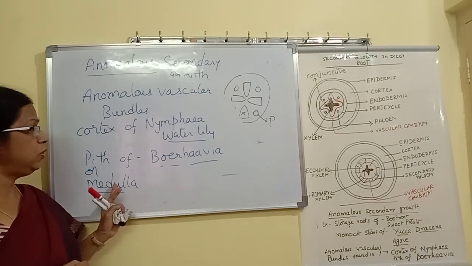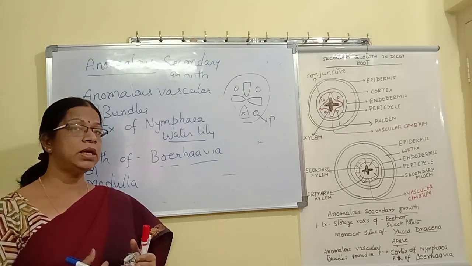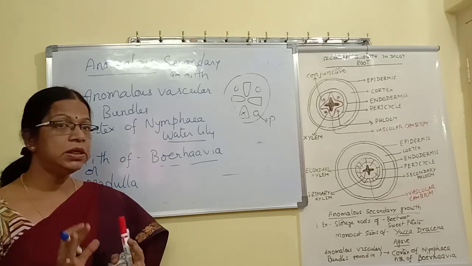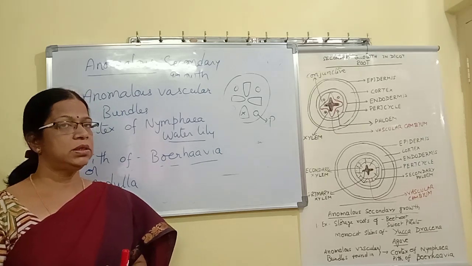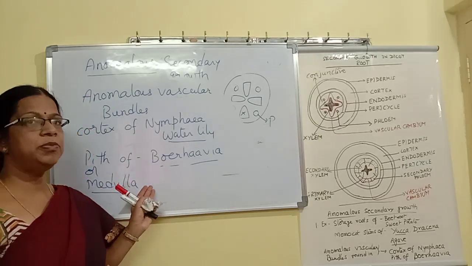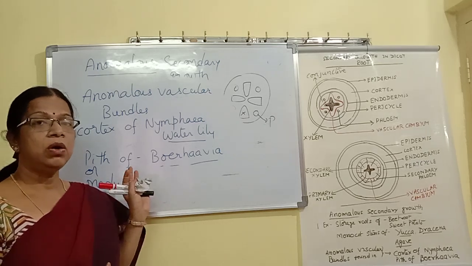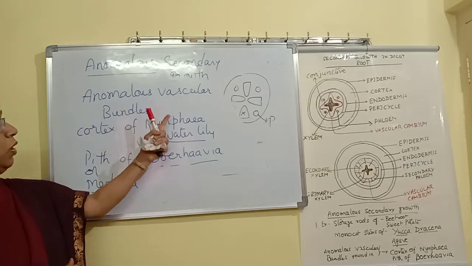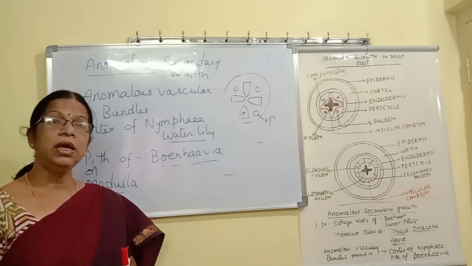So in the large medulla, vascular bundles are present, and these vascular bundles help in secondary growth. Normally vascular bundles are absent in the medulla region. So this is an abnormal position where vascular bundles are present in medulla also. When secondary growth takes place by such anomalous vascular bundles, it is called anomalous secondary growth.